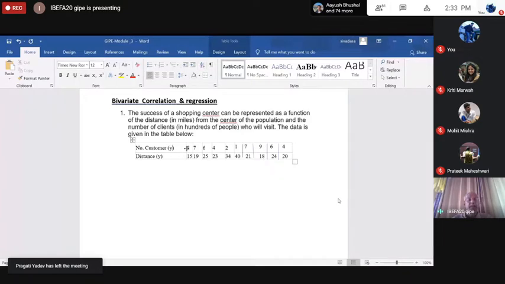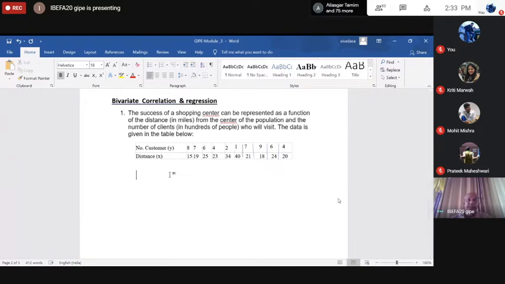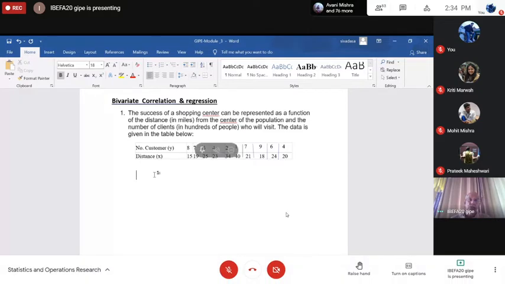Number of customers is denoted by Y and the distance is denoted by X. The number of customers who are visiting the shopping center, in hundreds, from a 10-day survey, and these customers are at some distance from their residence. So Y is a function of X.